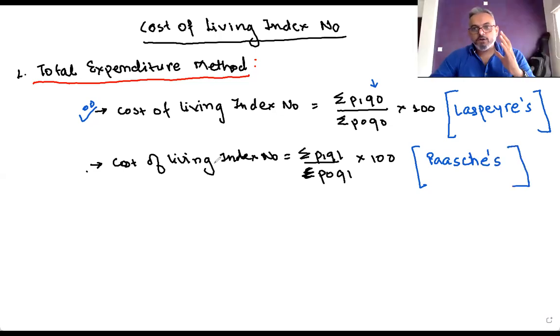So, if Q0 is given, we go for the first one. And if Q1 is given, we go for the second one. Generally, the first one would be there.